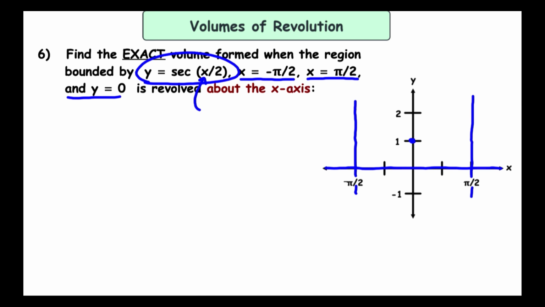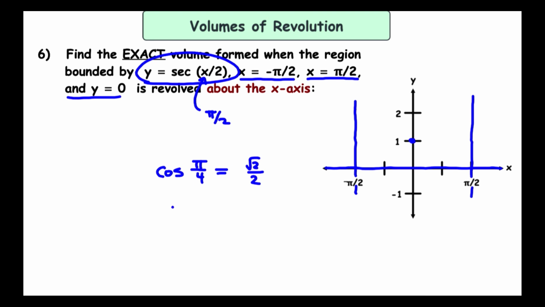Let's go ahead and try the pi over 2 in. If x is pi over 2, then you're looking at secant of pi over 4. The cosine of pi over 4, or cosine of 45 degrees, is rad 2 over 2.